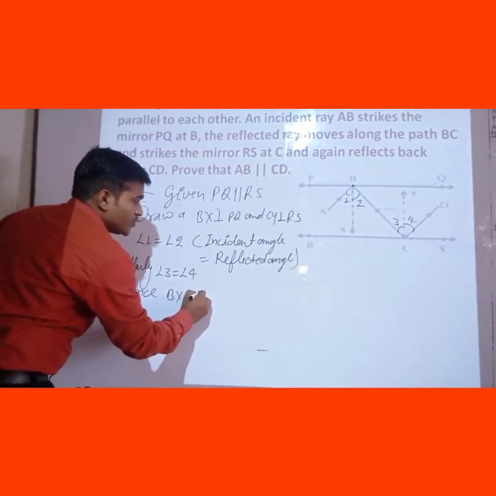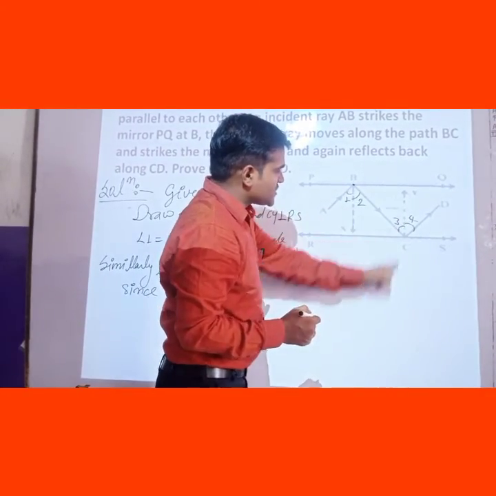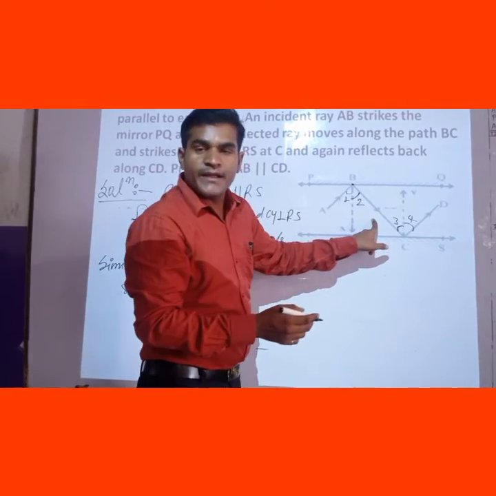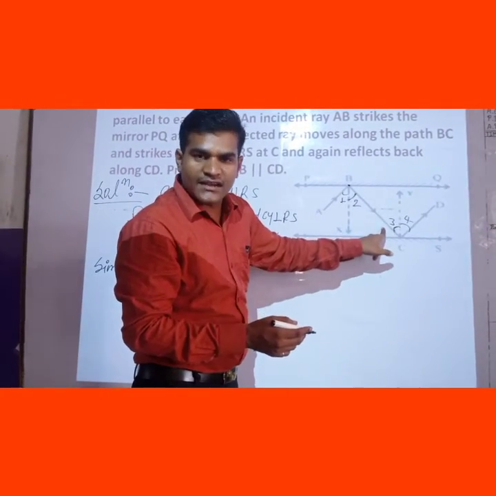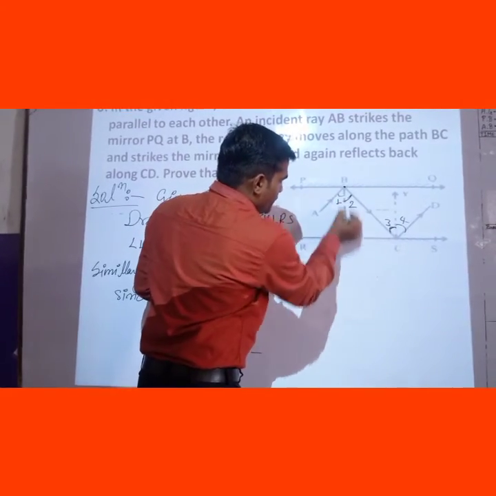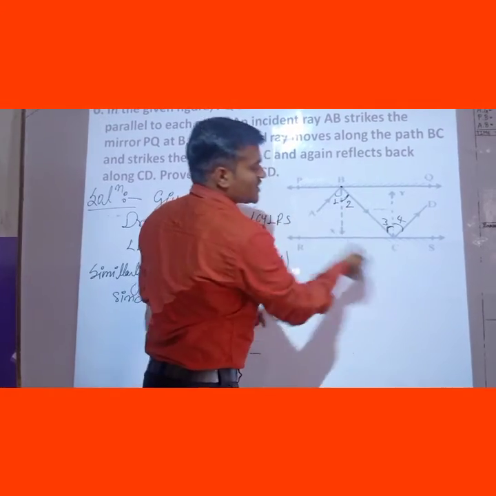If BX is parallel to CY, then angle 2 is equal to angle 3 by alternate angles, because 2 and 3 are alternate angles. When BX and CY are parallel, BC is the transversal.